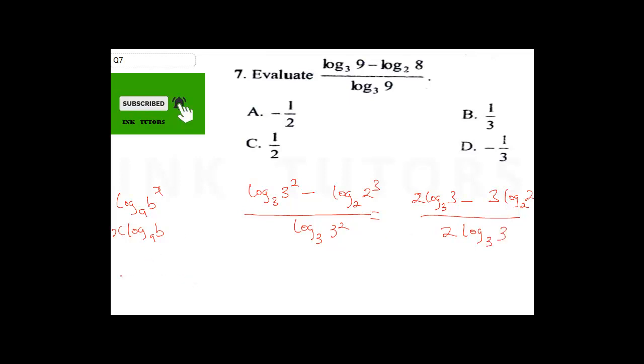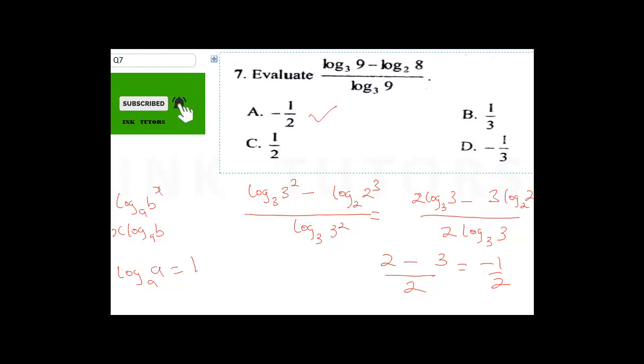And in logarithm, another law states if you have log a base a, it will give you what? 1. So this means log 3 is 1, so this will give us 2 minus log 2 is 1 minus 3 all over log 3 is also 1, so this is 2. So this is 2 minus 3, which is minus 1 over 2. So that's our final answer. So the correct answer here is A.